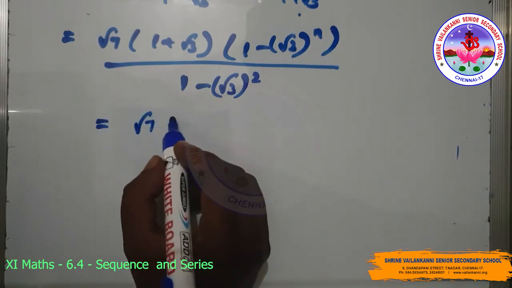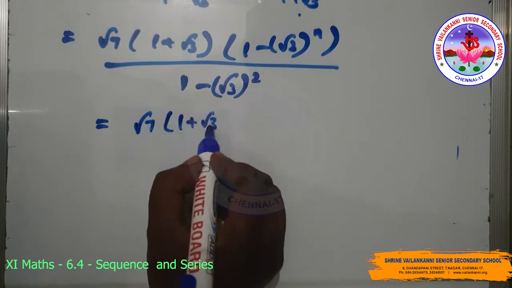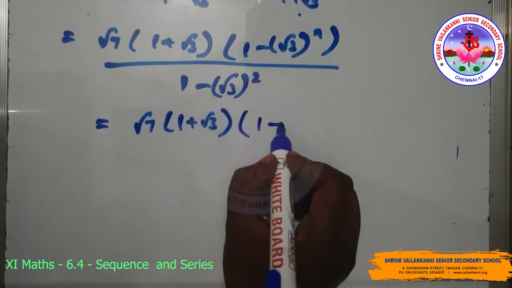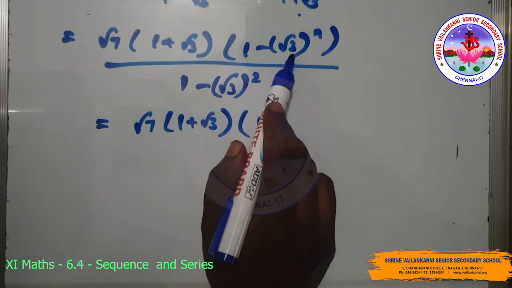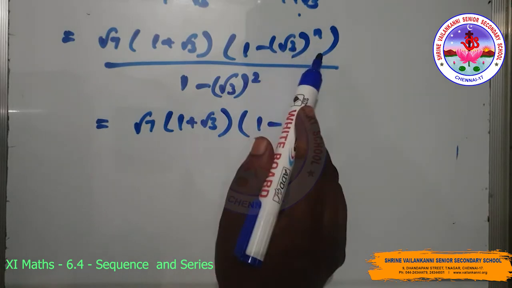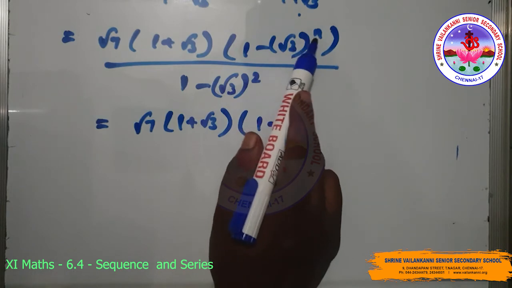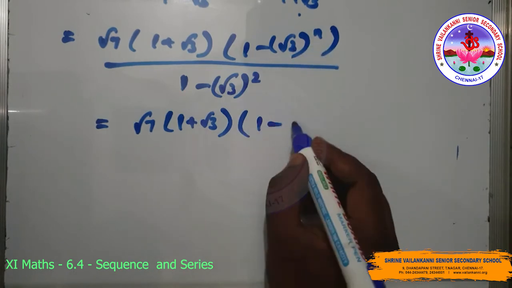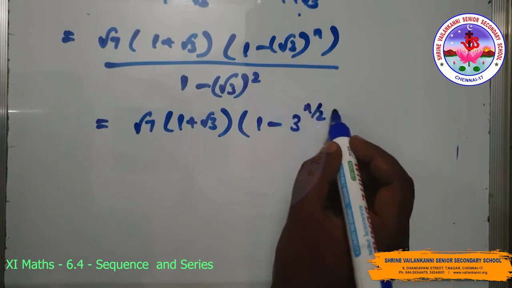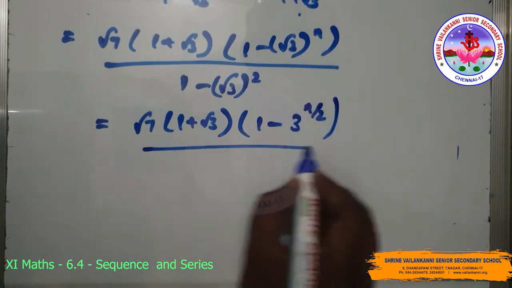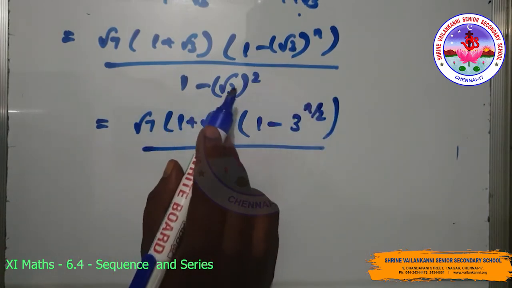which is equal to root 7 into (1 plus root 3), 1 minus, I am writing root 3 as 3 power half. So it's a square root, so 3 power half, and into n it is 3 power n by 2, whole by 1 minus 3, which is minus 2.